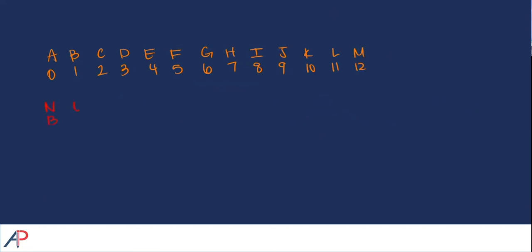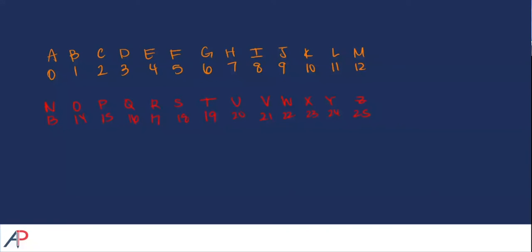N would be 13, O would be 14, P would be 15, Q is 16. Please let me know if I've missed a letter. T would be 19, U would be 20, V would be 21, W would be 22, X is 23, Y is 24, Z is 25. That looks right, right?